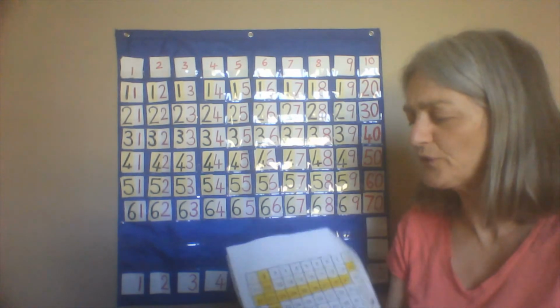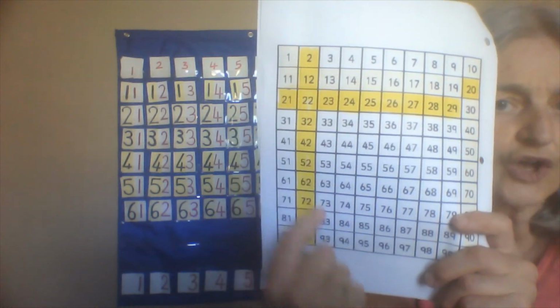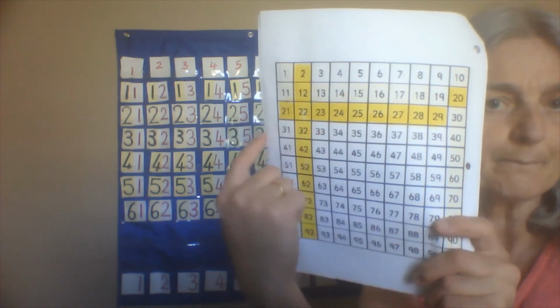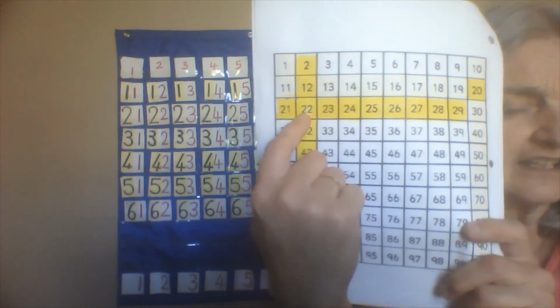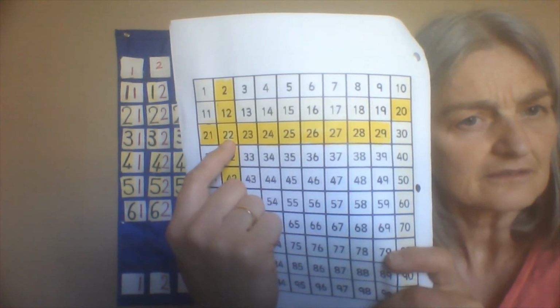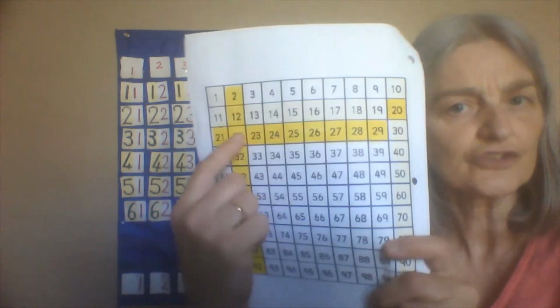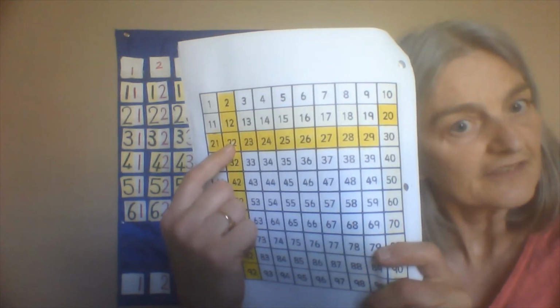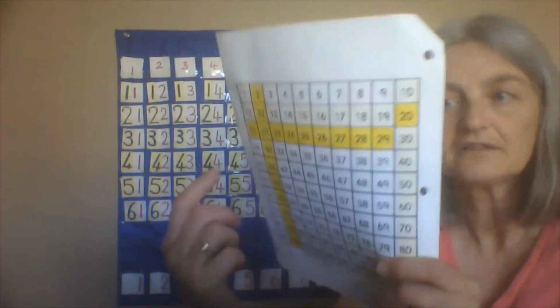Now look at the 2s page and see where the column and the row meet right here. There's a 2 and a 2. A 1 and a 1, a 2 and a 2. Might this be another pattern?